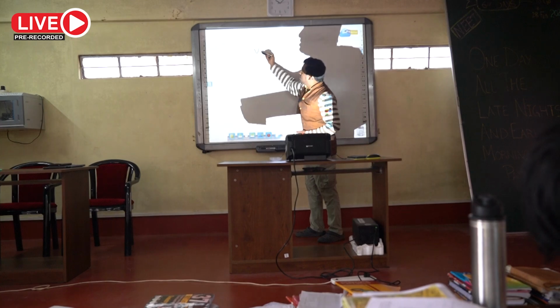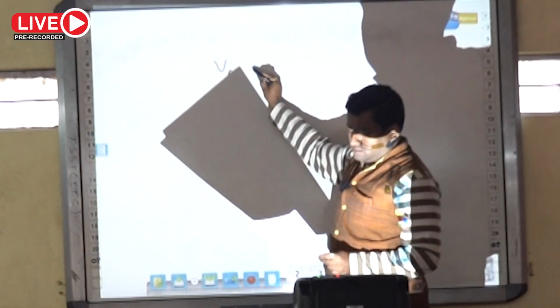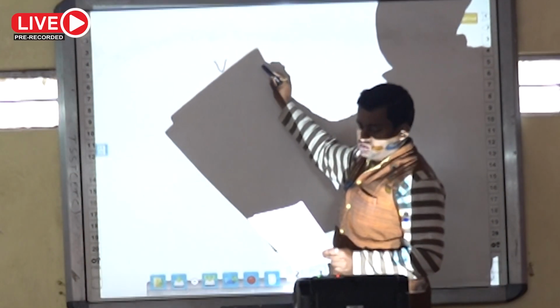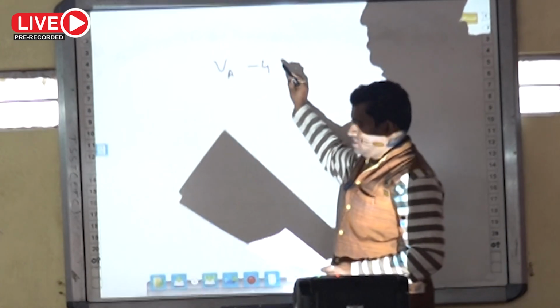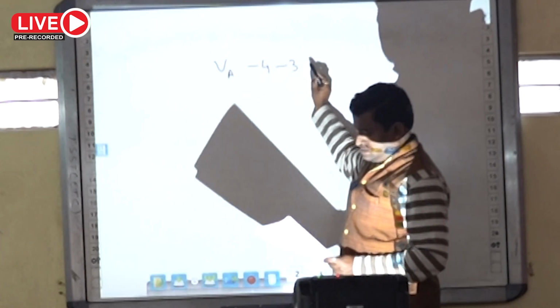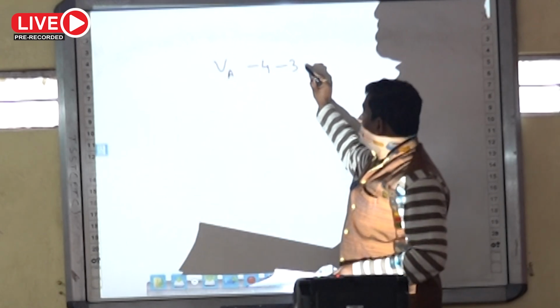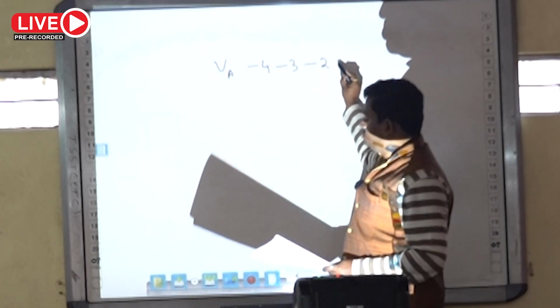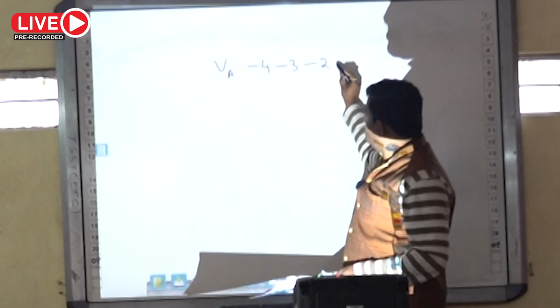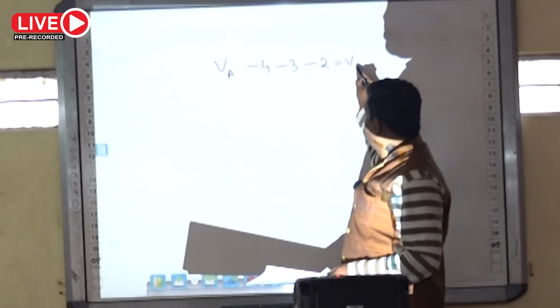Then take both of these two common and multiply here. Using Kirchhoff's law, we can write VA minus 2 into 2, that is 4, minus 3, minus 1 into 2, that is 2, equal to VB.